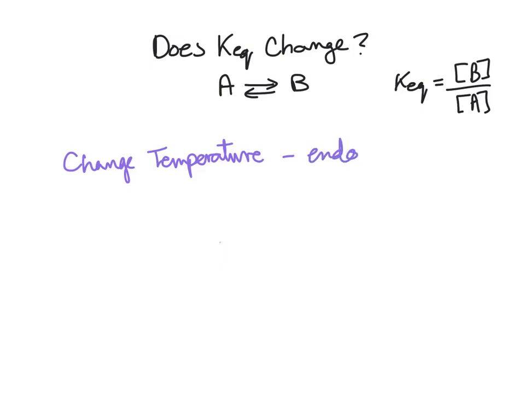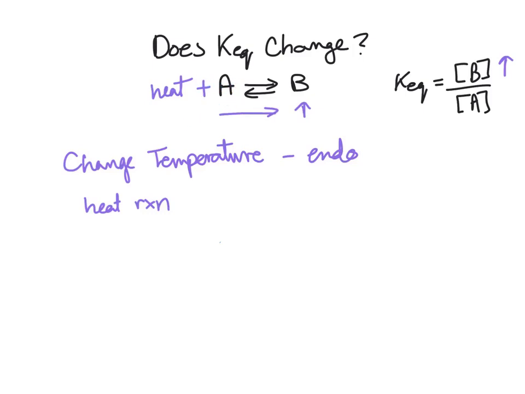If it is endothermic, heat is written on the reactant side. Now, what if I heat my reaction? It's going to shift to the right to use up that heat, so it's going to produce more B.